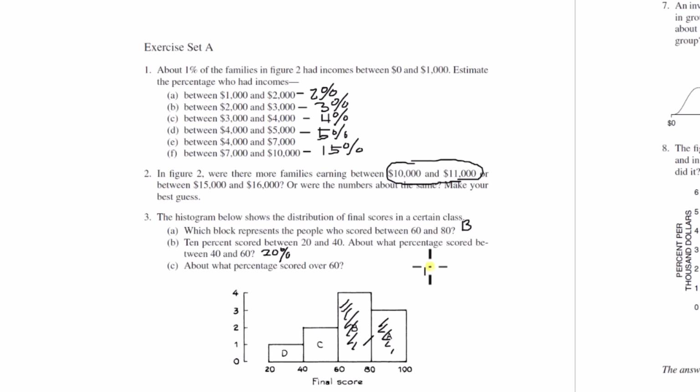What is 140 divided by 20? That's 7, sorry, 7. So the area of these two blocks is 7 times as big as the area of Block D, which is 10%. So take 10% times 7, and you get 70%.